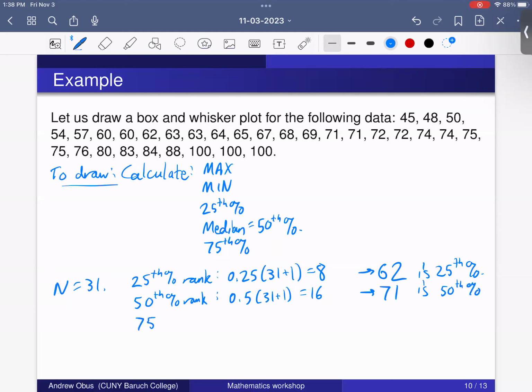And then lastly, the 75th percentile rank is 0.75 times 31 plus 1, which comes out to be 24. We need the 24th entry. Here the 71 was the 16th, so 72 is 17, 18, 19, 20, 21, 22, 23, 24. So we get 76.